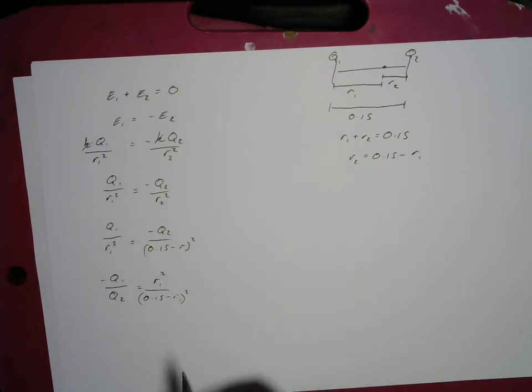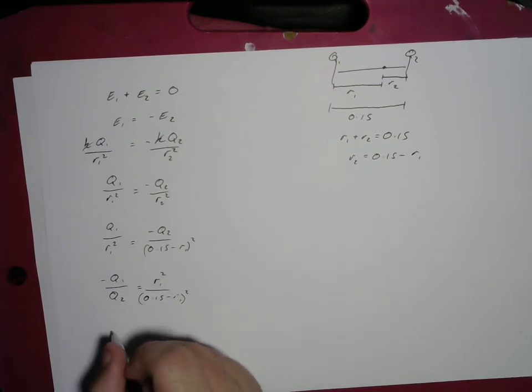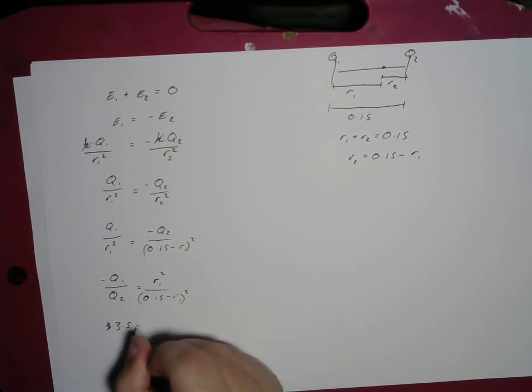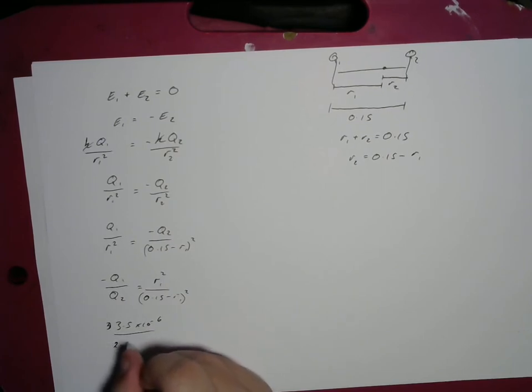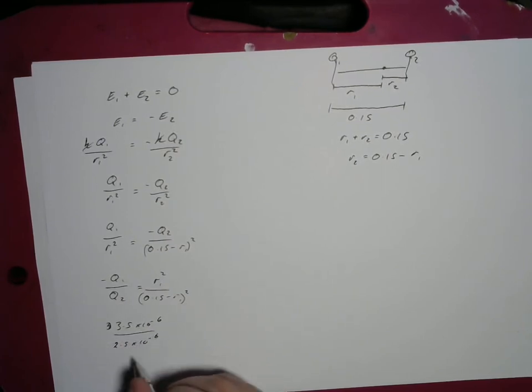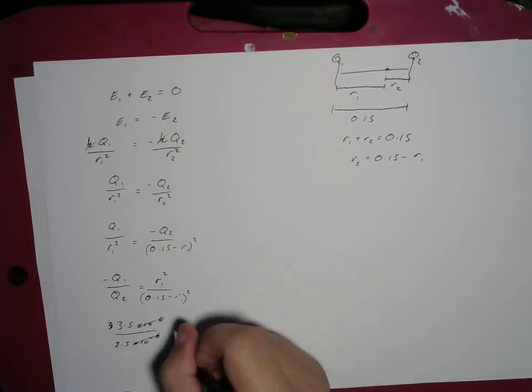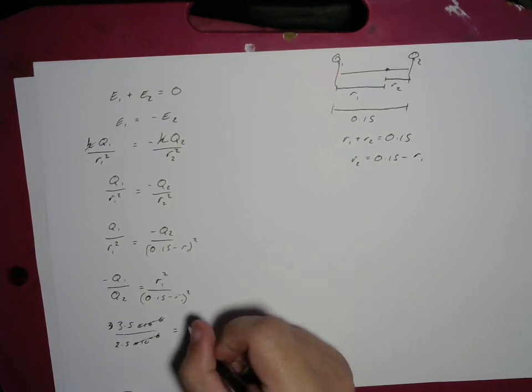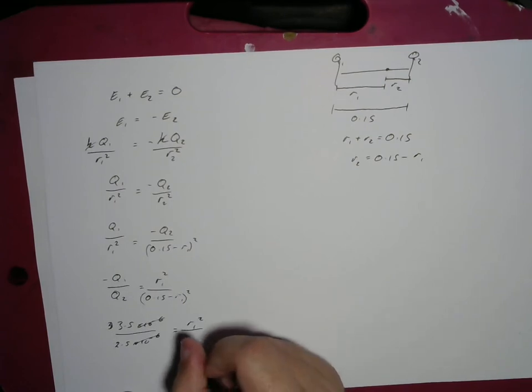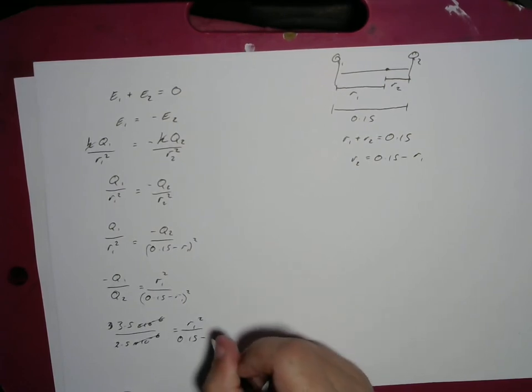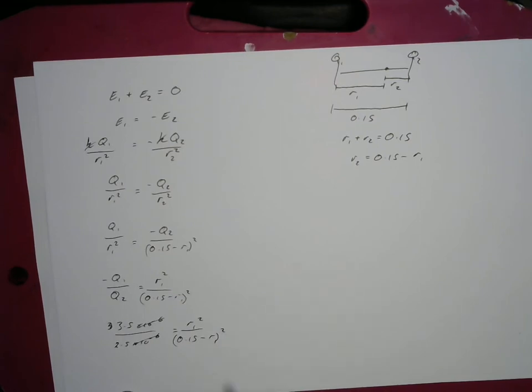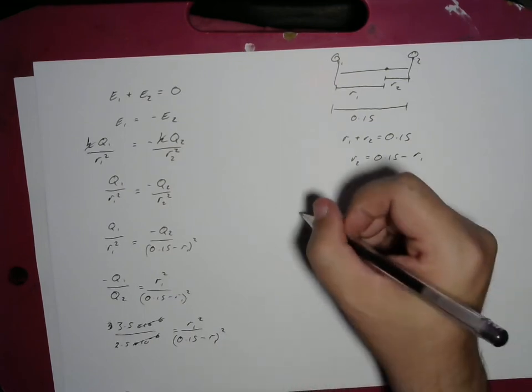Okay, let's start putting in numbers. For Q1 and Q2 we have 3.5 times 10 to the negative 6 over 2.5 times 10 to the negative 6, and because it's both got times 10 to the negative 6, that will cancel. Equals R1 squared over 0.15 take R1 squared. Okay, let's take the square roots of both sides.